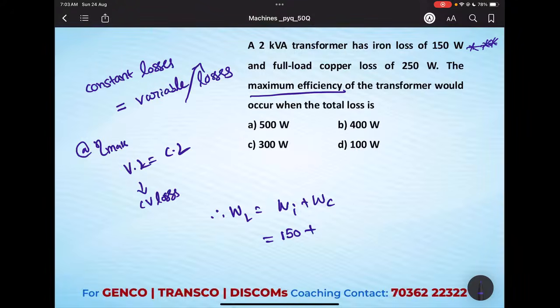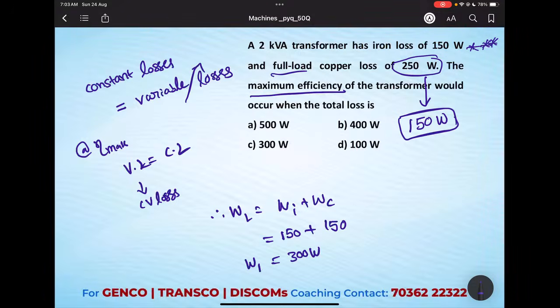How are we going to calculate the copper losses? The given copper loss at full load is 250 watts, but if you run the transformer at full load, we may not get the maximum efficiency. In order to get the maximum efficiency, these copper losses need to be reduced to 150 watts. Then only our efficiency is going to be maximum. So the copper losses reduce to 150 watts, and the total losses are going to be 300 watts.